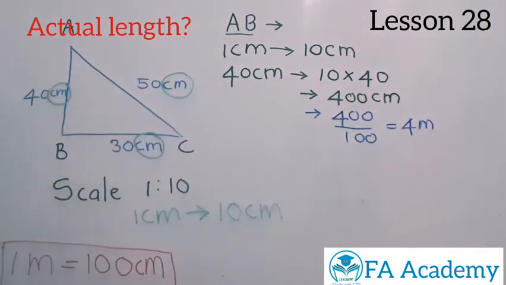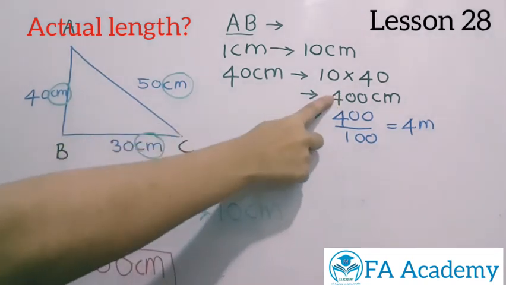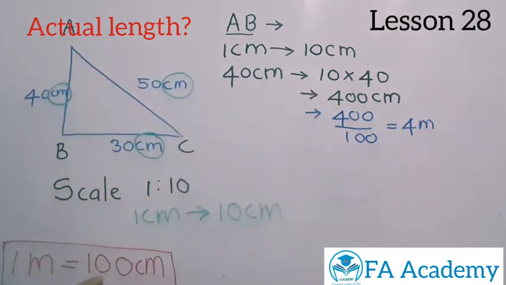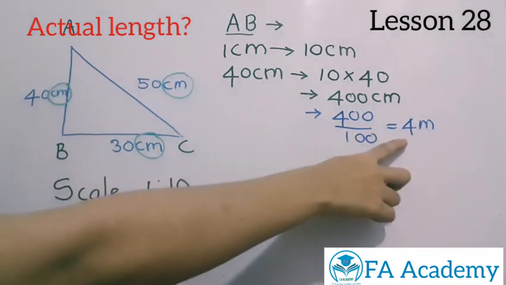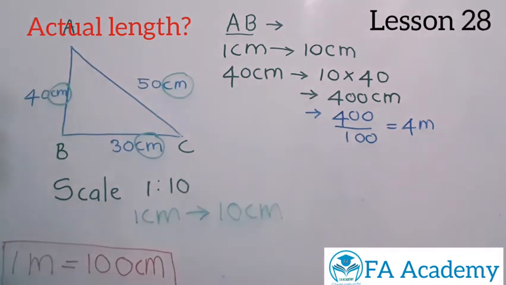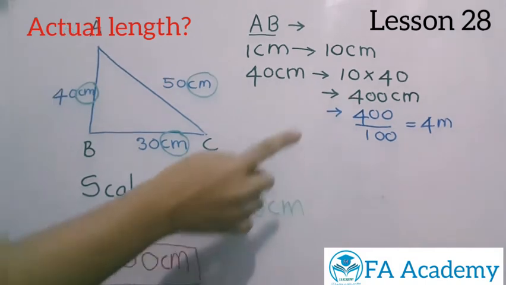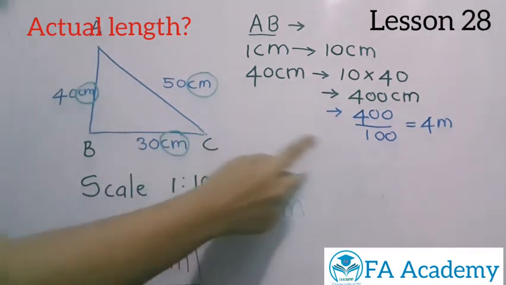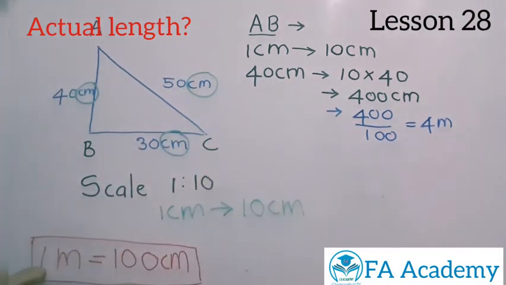Why did we divide by 100? Because for 100 we are having 1 meter, then for 400 we are having 4 meters. To find that, we divided this 400 by 1's value. 1's value means the value for 1 meter. It's giving 100 centimeters, no? So that's why we got 4. So simply you can get to know, if 1 is giving 100, then definitely 400 will give 4 meters. That's how you found AB.